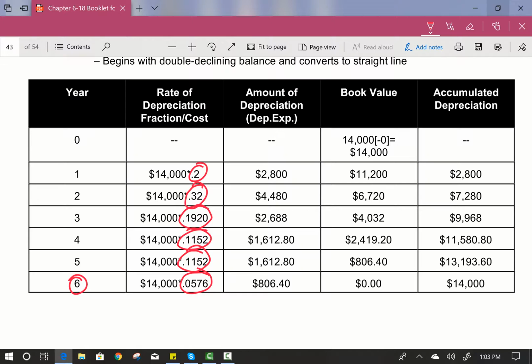Whatever cost recovery system you use, all of the percentages in that particular cost recovery number of years add up to 100%. So all of these will equal 100% right there.